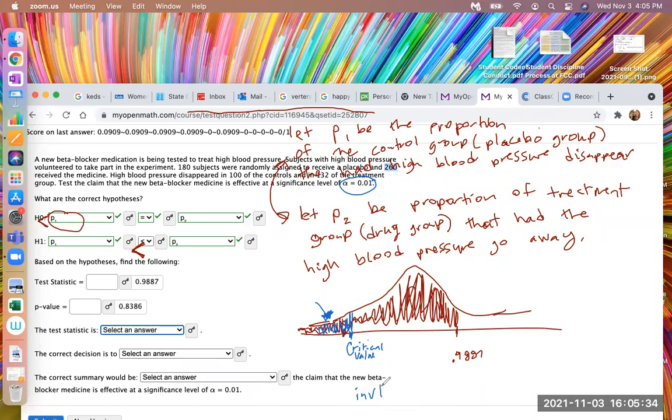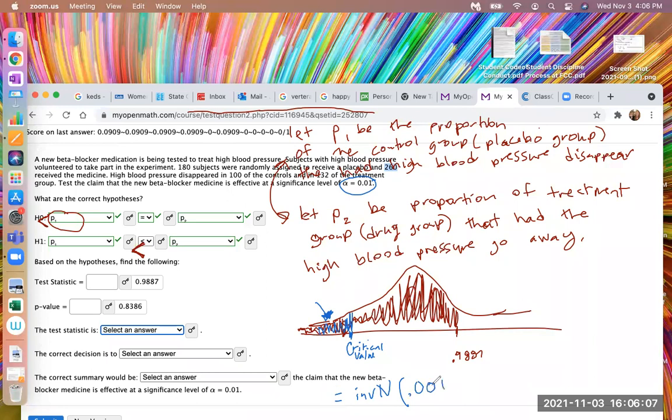inverse norm, because this is a Z distribution. Actually, for this particular problem, you always need to enter the area to the left, but the area to the left is already there. So it's inverse norm of just the area given.